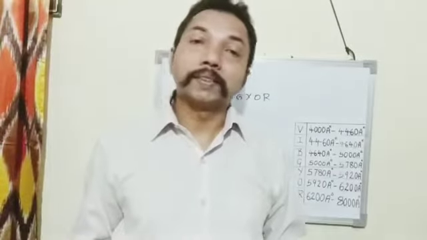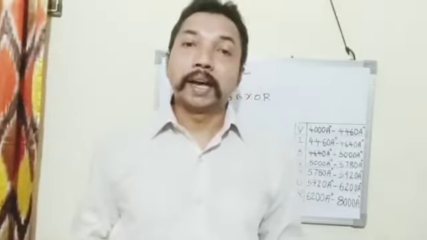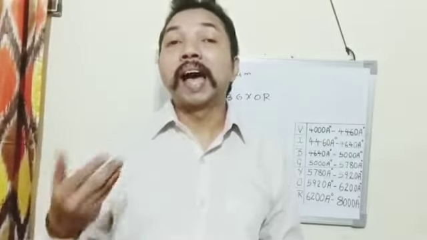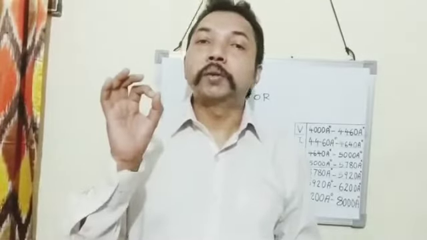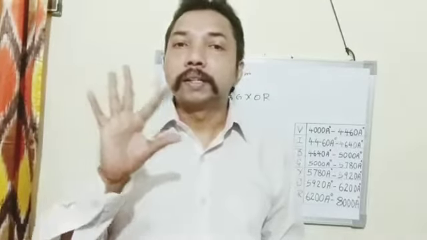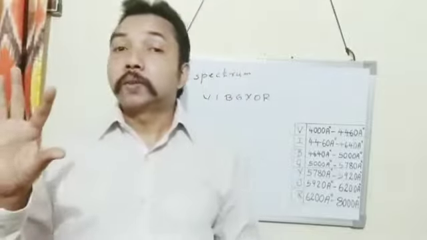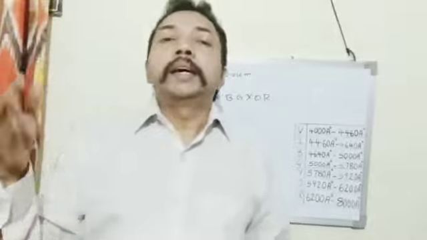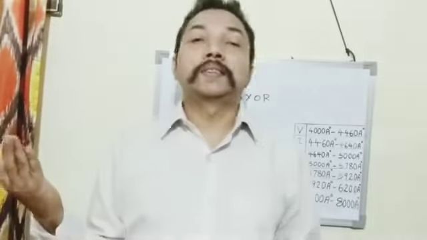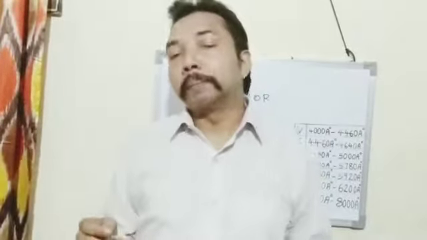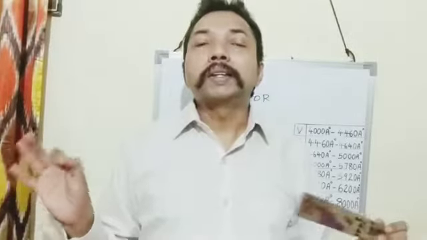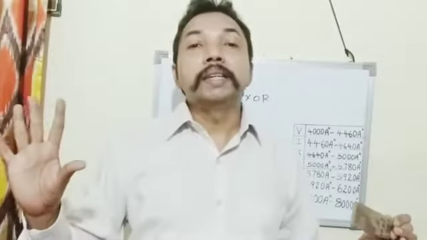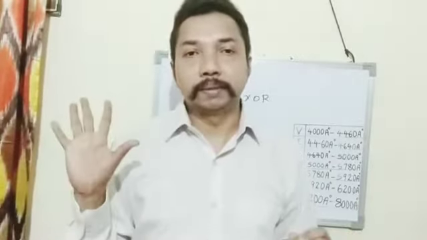Then he changed the lens and repeated the same experiment with another lens, and he got the same result. He used a number of lenses and repeated the experiment, and he got the same result: the edges of the image formed were colored.